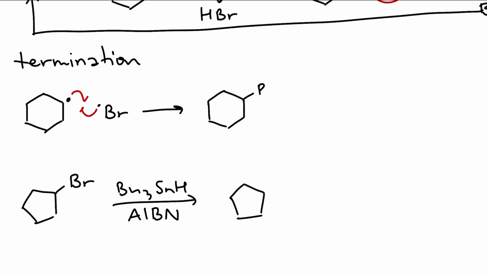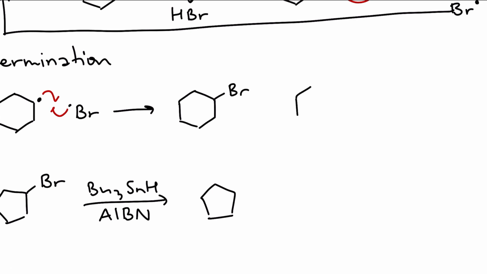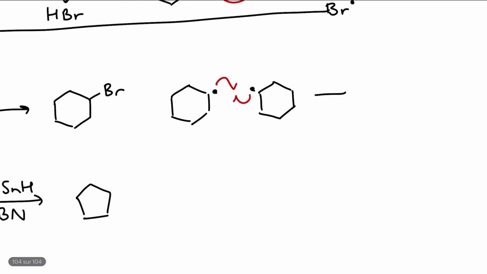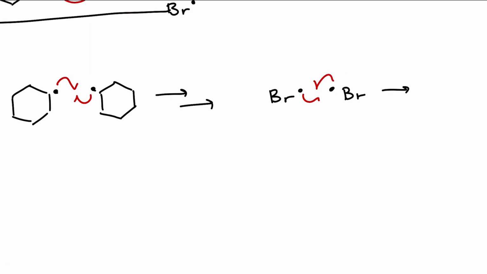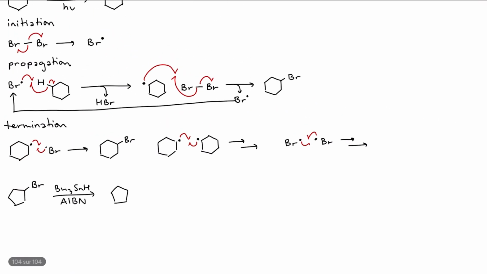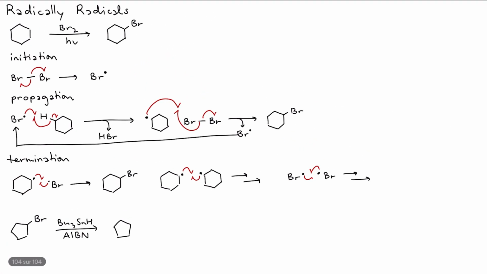They can self-combine like this. So maybe if you have 2 cyclohexane radicals, you can have 2 of them reacting with each other and get your product. You can also have your bromines come back and form molecular bromine once again.